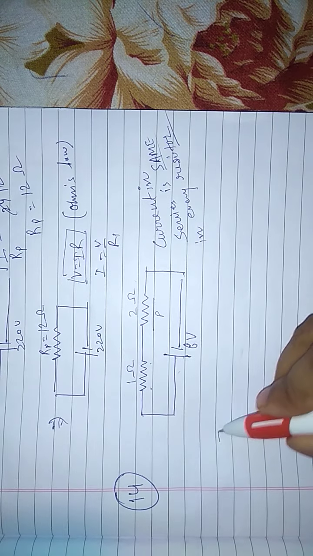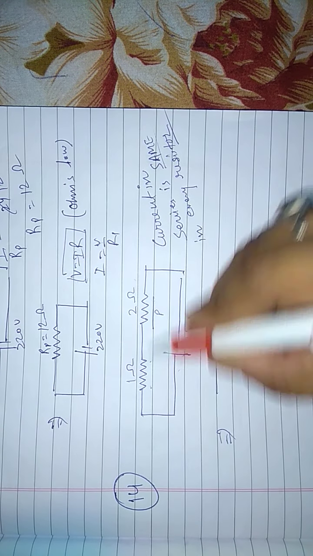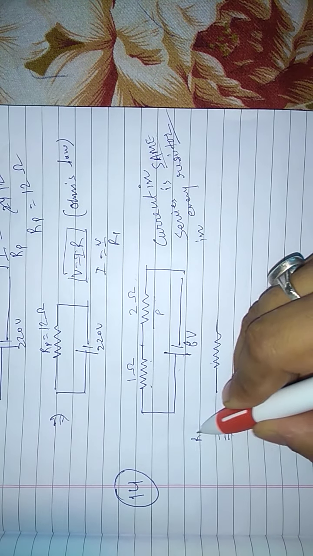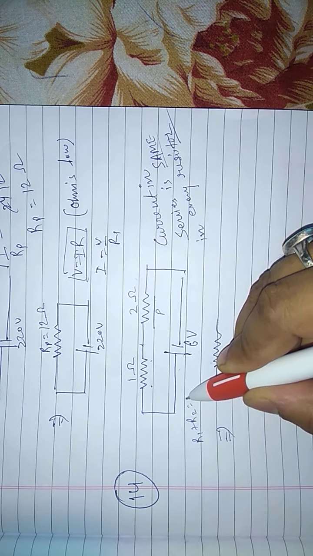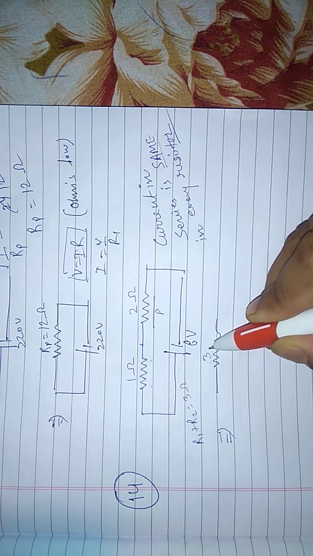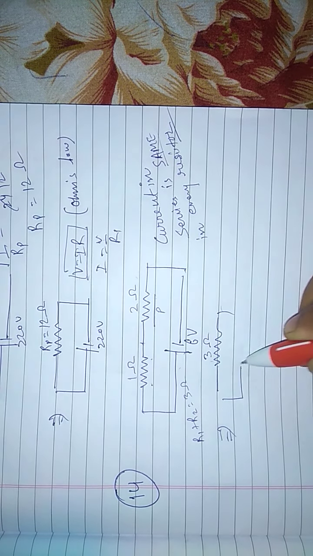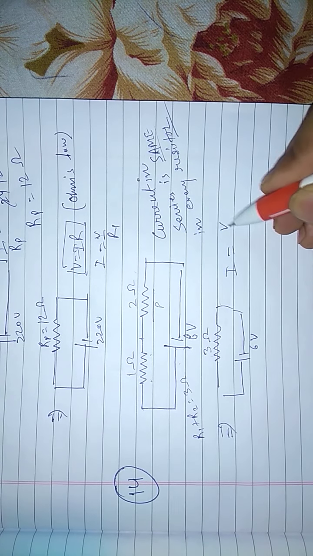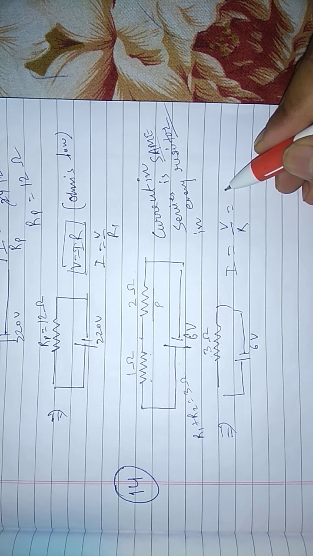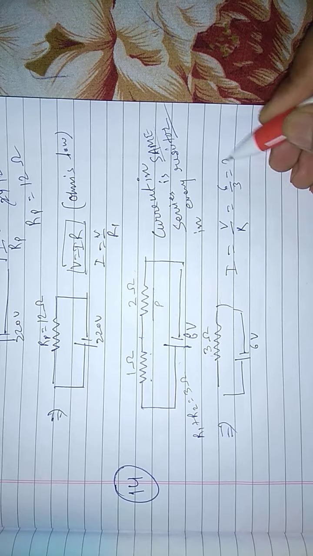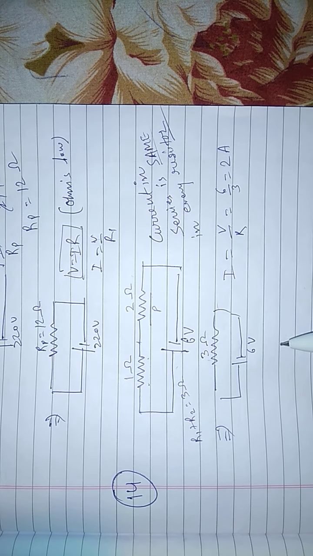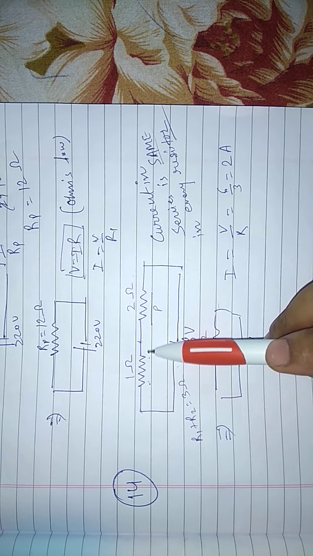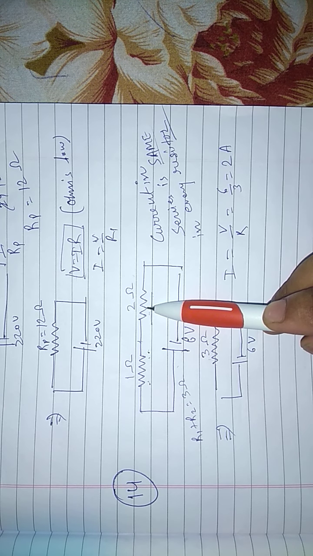And what is the equivalent resistance? This is in series, so the equivalent resistance will be R1 plus R2 equal to 3 ohm, and this is 6 volt. So the current will be V upon R equal to 6 upon 3 equal to 2 ampere. So the current in 1 ohm resistance will be 2 ampere and also in 2 ohm resistance.